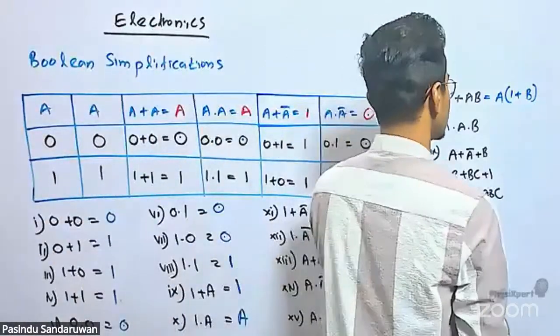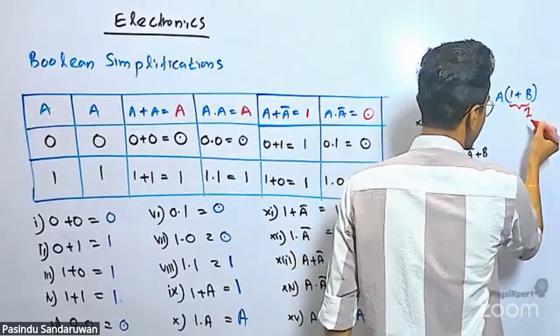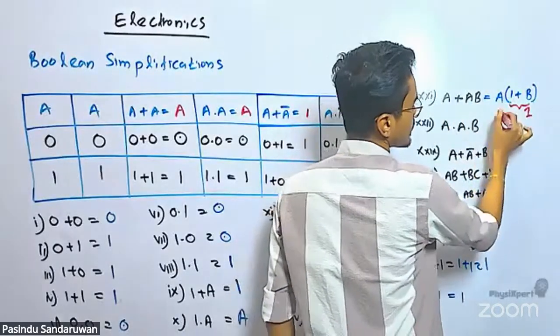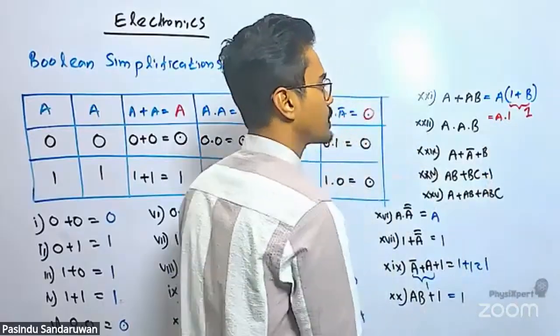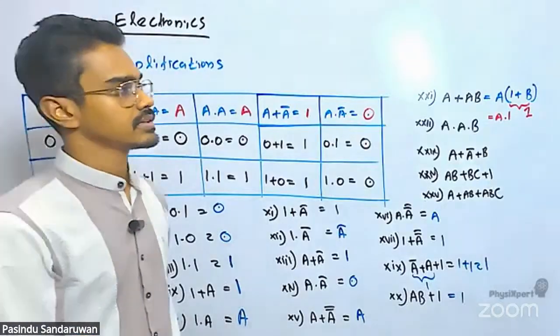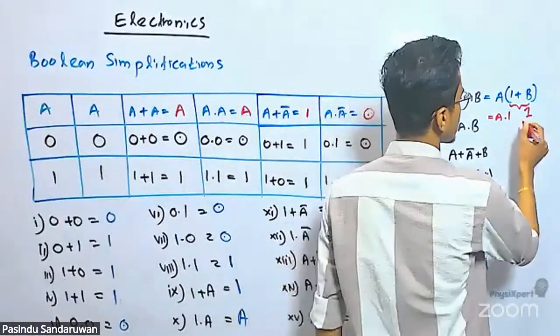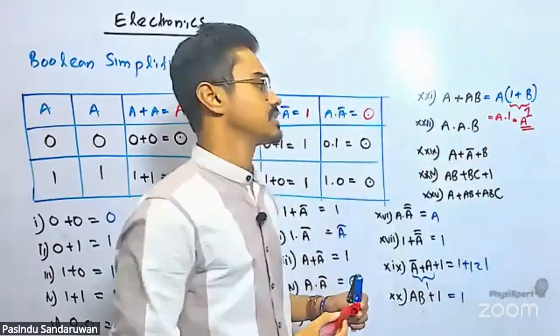Which means the expression here is A dot 1. A dot 1 is like 1 dot A. 1 dot A is A. So the final answer here is A.